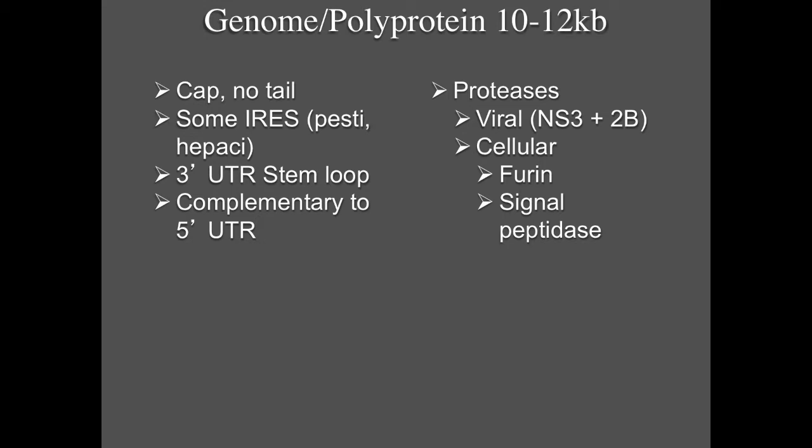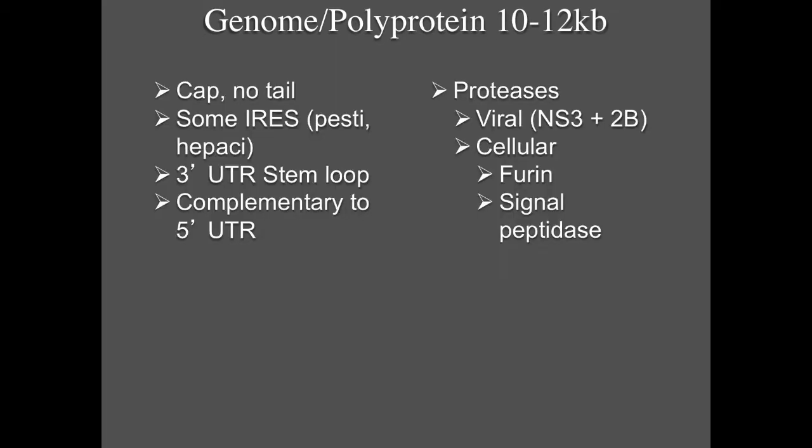Some of them, not the genus Flavivirus, like Dengue, West Nile, Zika virus, but the Pesti and Hepatitis C viruses actually have, instead of the cap, an IRES, or internal ribosome entry site, at the 5' end that mediates translation. Similar, I don't know if you guys have done any picornavirus stuff, but similar to that.